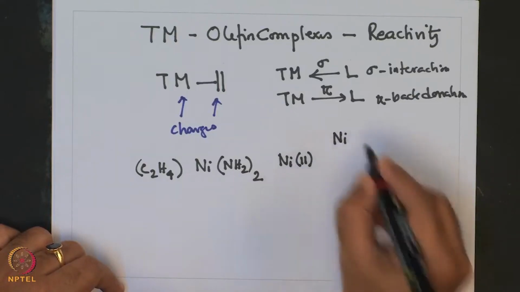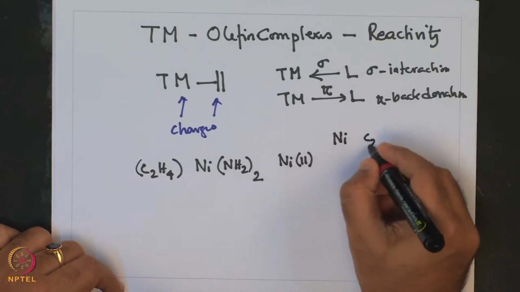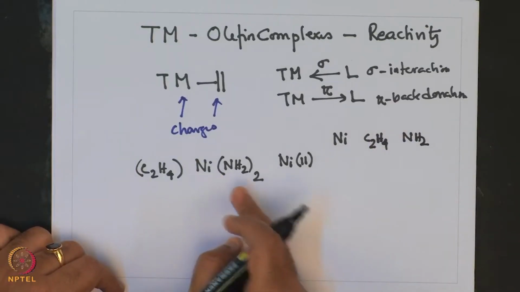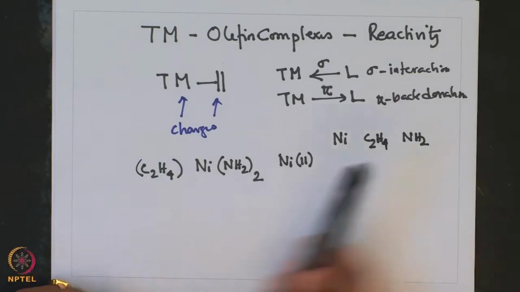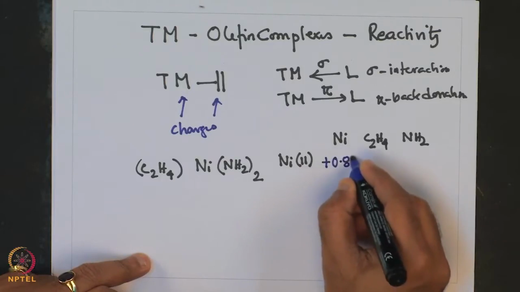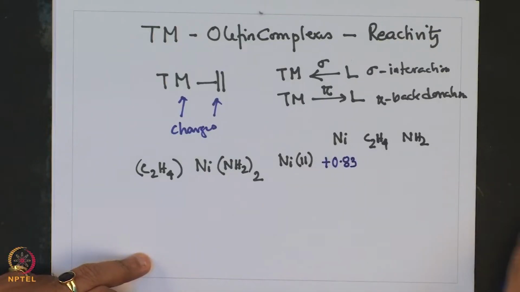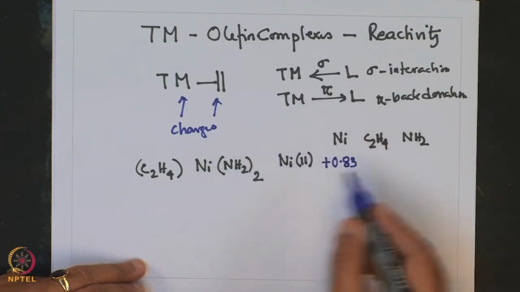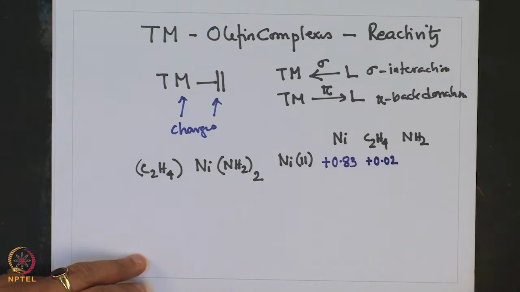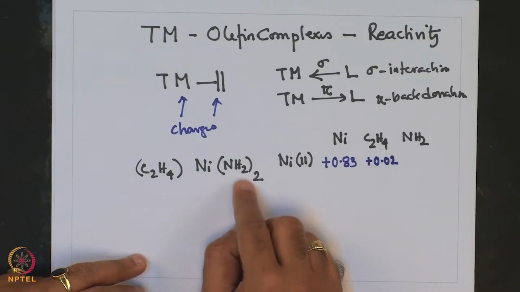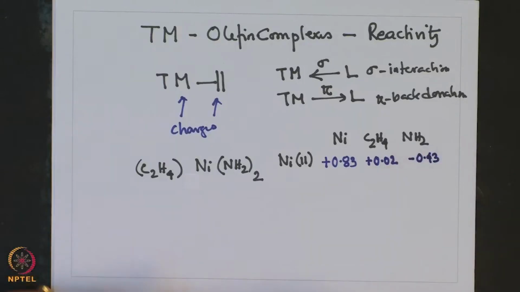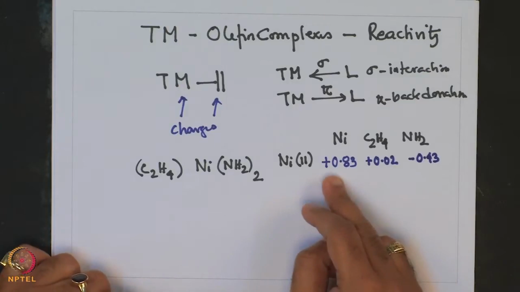The charges on nickel, alkene and amide moiety, which is NH2 minus, the computed charges are: nickel being +2, it is not really +2, it is +0.83, and for the alkene, since it is sigma donating, there is a loss of electron density from the alkene, and it is almost 0.02, and for the amide, which is a monoanionic ligand, this is not really -1, it is -0.43.